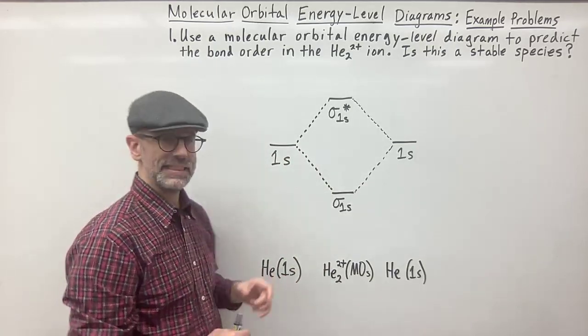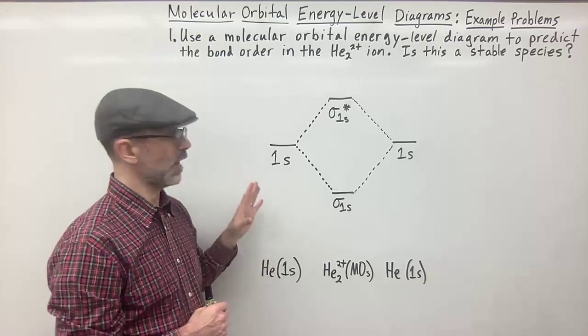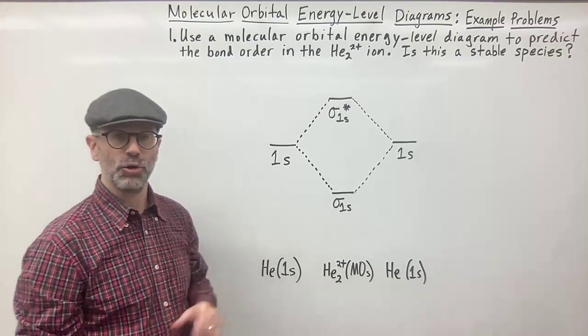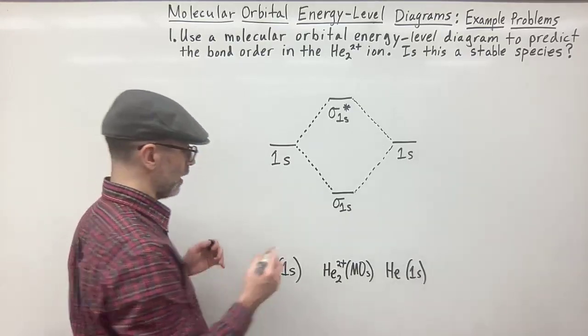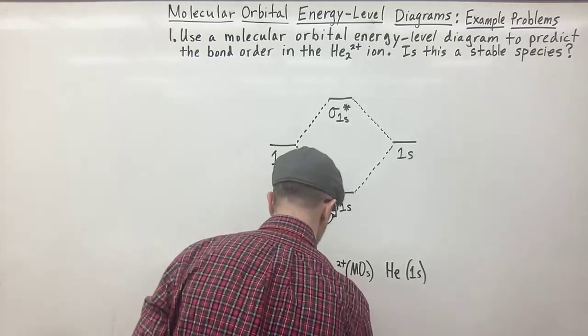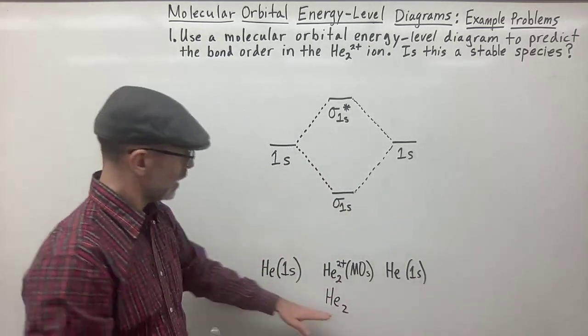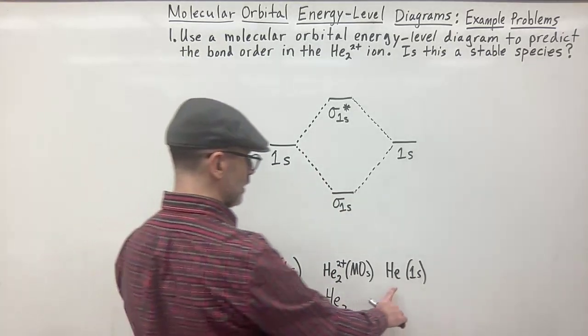Now the next thing we need to do is fill in the diagram with the valence electrons in our molecule. If we start with just He2, then we would have two helium atoms.